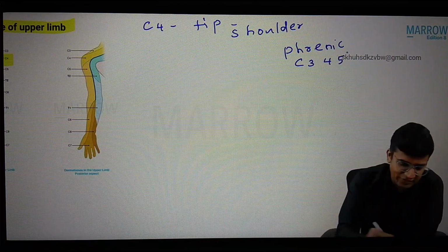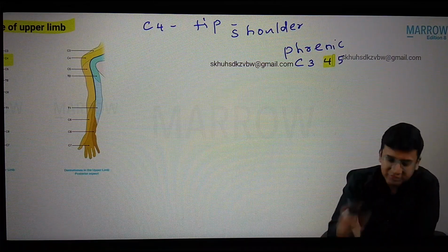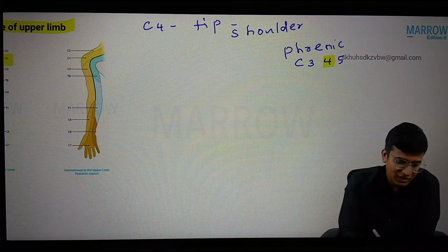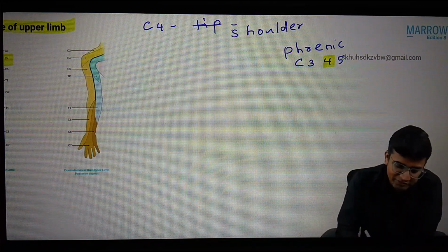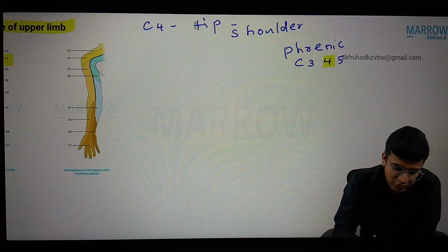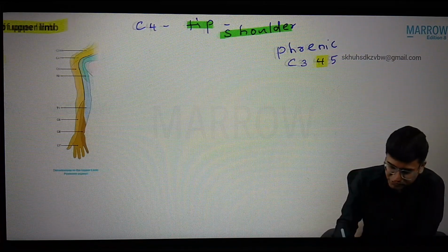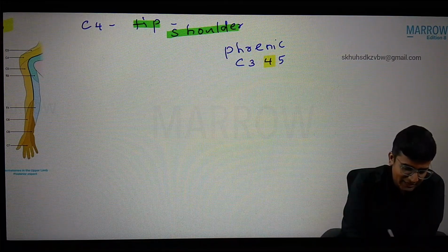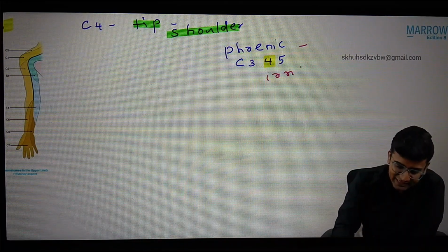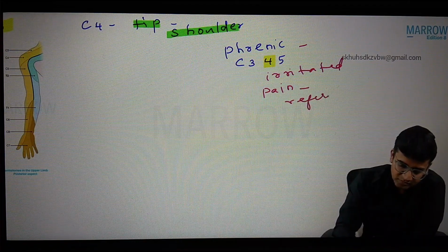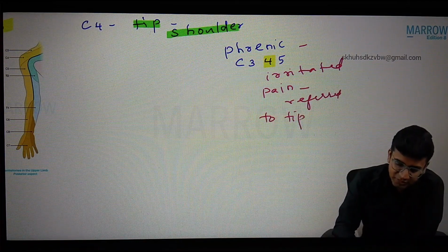The bulk of the phrenic nerve is coming from C4 only. The same C4 is the dermatome for the tip of the shoulder. So, when the phrenic nerve is irritated, the pain will be referred to the tip of the shoulder. Please write: when the phrenic nerve is irritated, pain referred to tip of the shoulder.